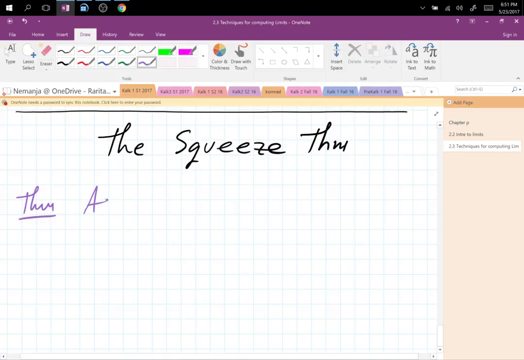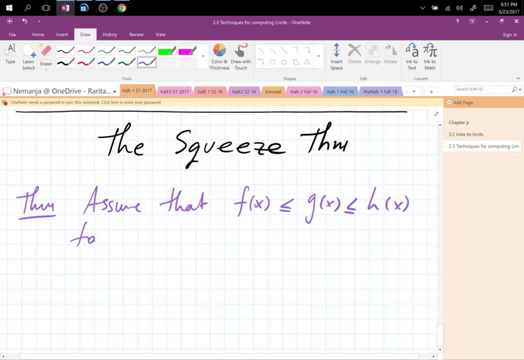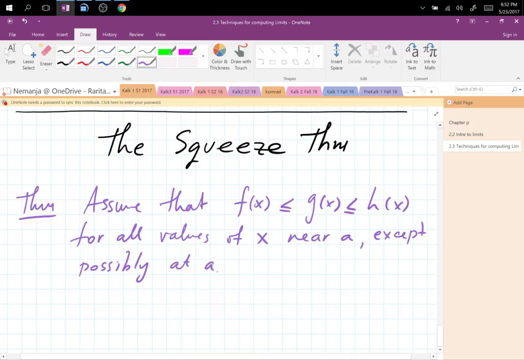Theorem goes like this. Assume that function f of x is smaller than g of x and smaller than h of x, for all values of x near a, except possibly at a.